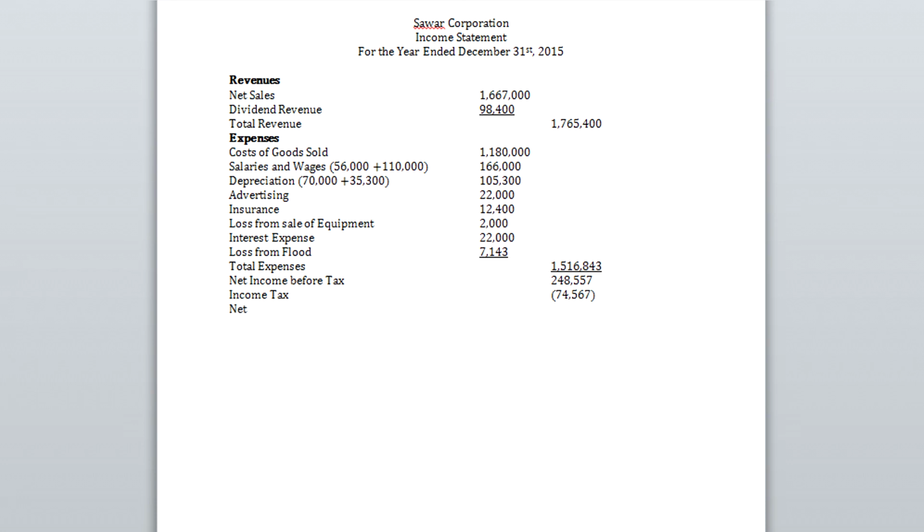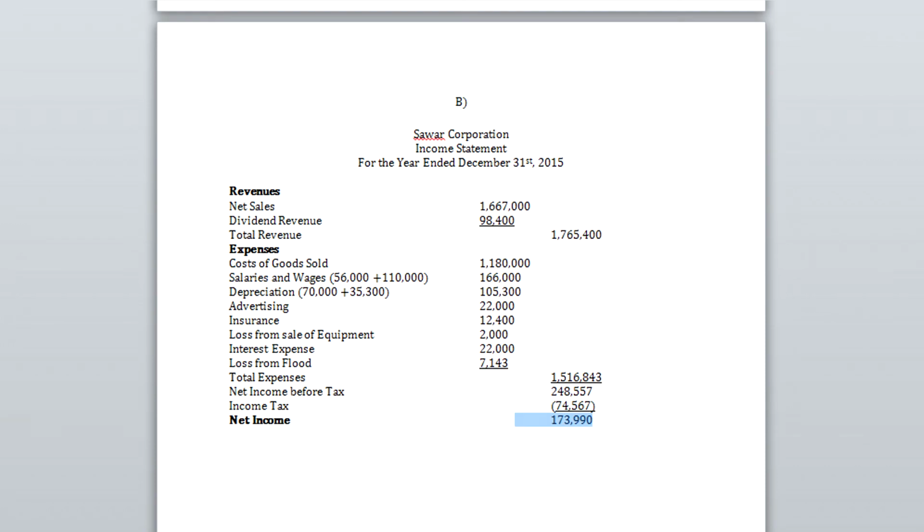And this gives us a net income here of, let me just figure it out, $173,990. All right, so let me just total this up here, give it a nice little bold, and there we go. That's our net income for the single step statement.